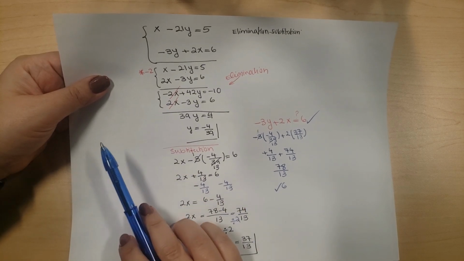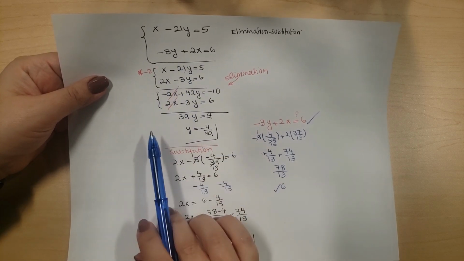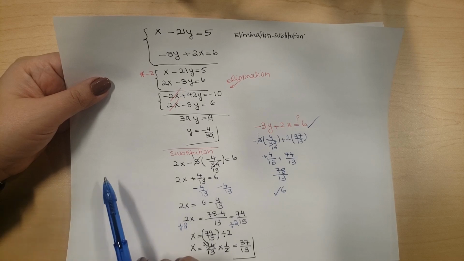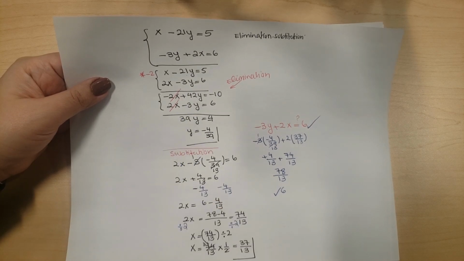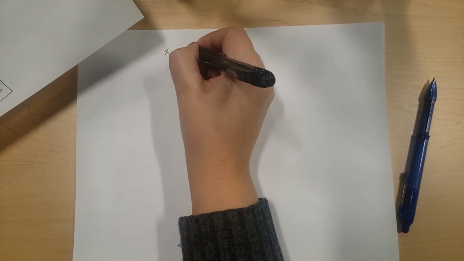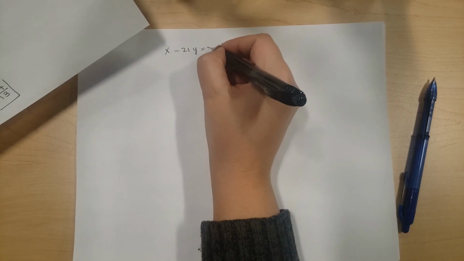Now, we solved this equation by eliminating the x. Let's do the opposite. This time, let's try to solve the same system of linear equations, but by eliminating the y. So, let me write down the equations once more. x minus 21y equals 5.